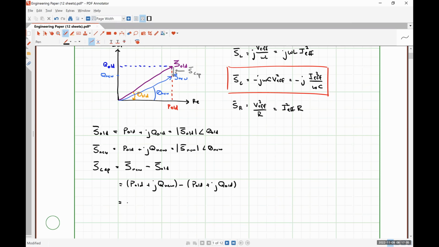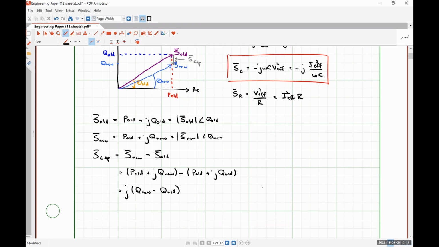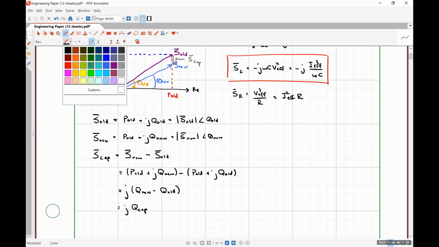So we're going to have J Q new minus Q old, or J times Q cap.